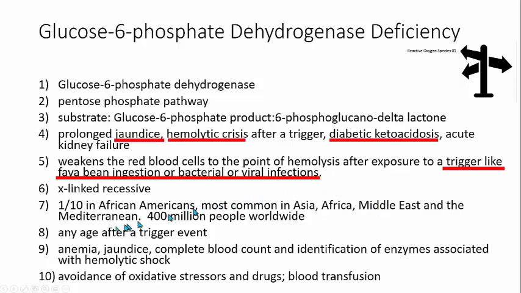It affects some 400 million people worldwide. But again, people do not tend to die from this disease. They tend to have these periods of jaundice, hemolytic crisis, or diabetic ketoacidosis after some sort of reactive oxygen event has occurred.